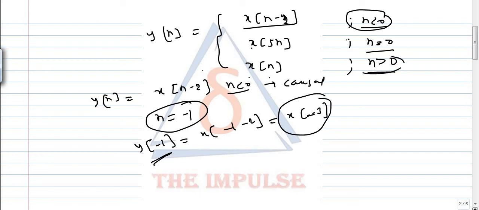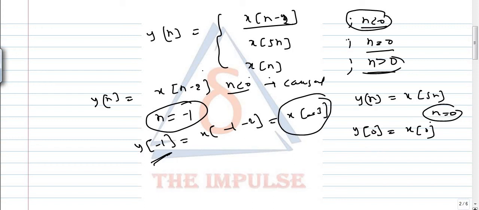Now next, moving to y[n] equals x[n] when n equals 0. When n equals 0, then y of 0 equals x of 0. So for any present value of time, my output depends upon the present value of input. So for this particular time, this system is causal.